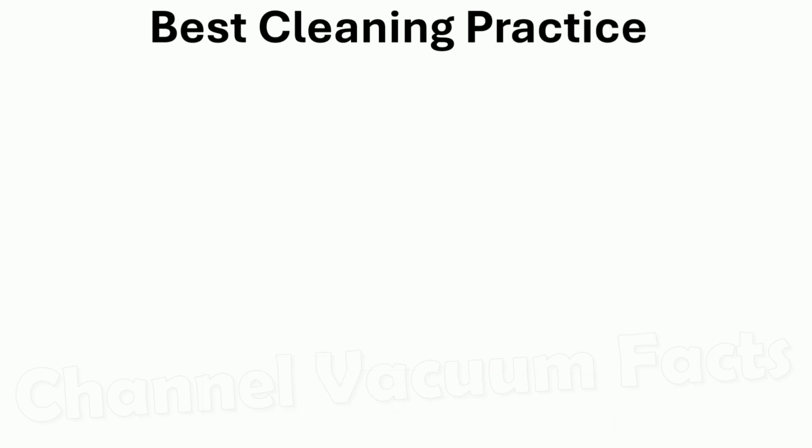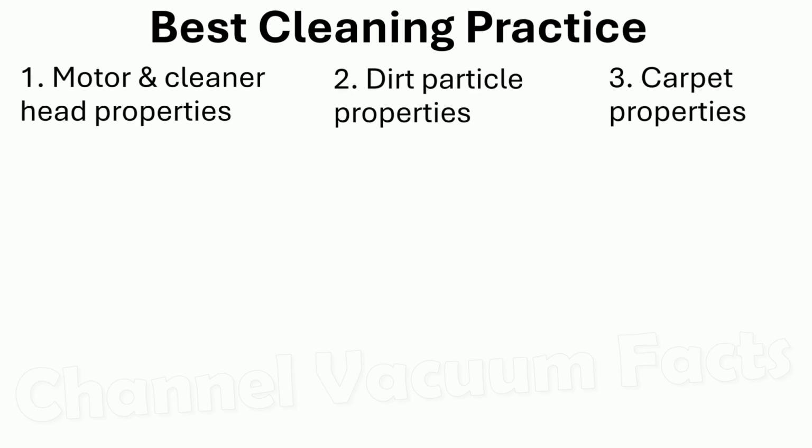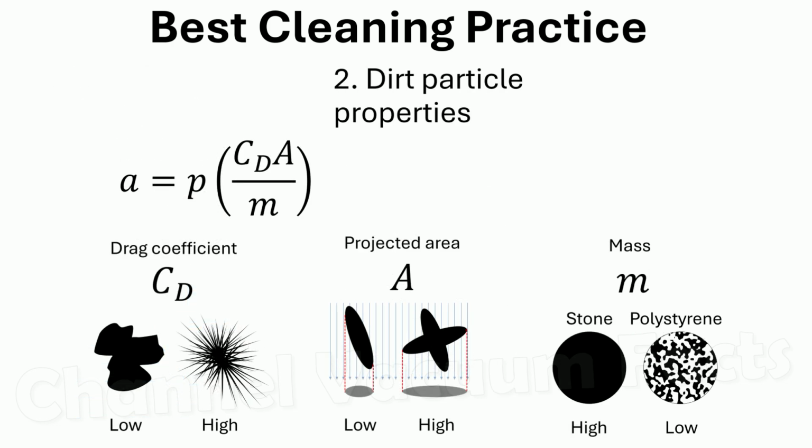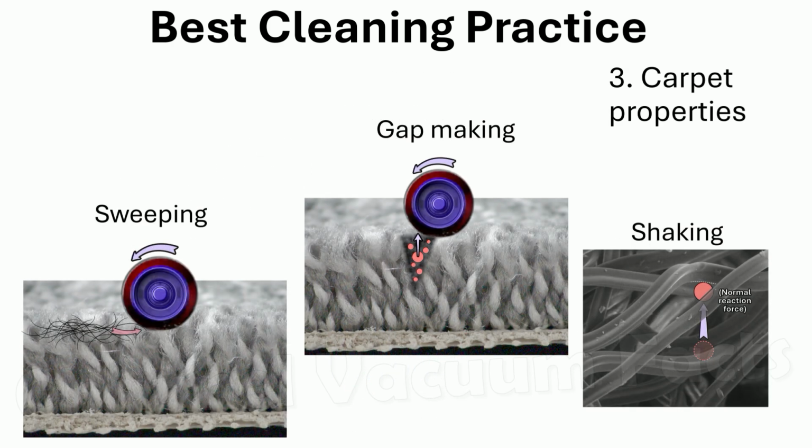As discussed earlier, the three key considerations to understand how to achieve the best cleaning performance are the motor and cleaner head properties that affect suction and airspeed, the particle properties that affect the response and the airflow, and the properties of the carpet they're trapped in.